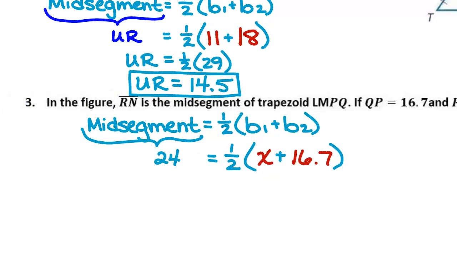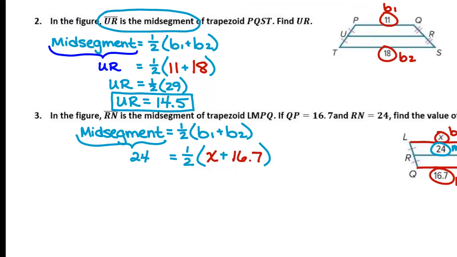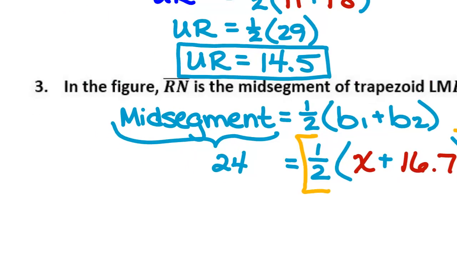All right, so the very next thing we need to do is deal with this fraction that's out in front of the parentheses. What operation undoes fractions? Multiplication. And what part of the fraction do you multiply by? By the denominator. What's on the denominator of this fraction? 2. So I'm going to take this whole side and multiply it by 2. We're going to do the same thing over here.